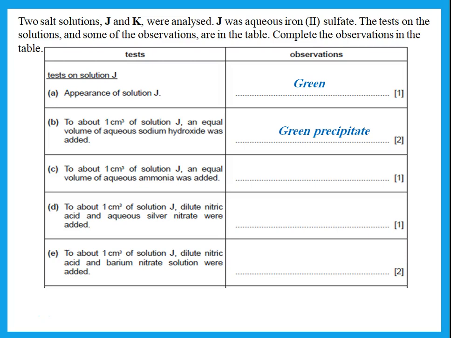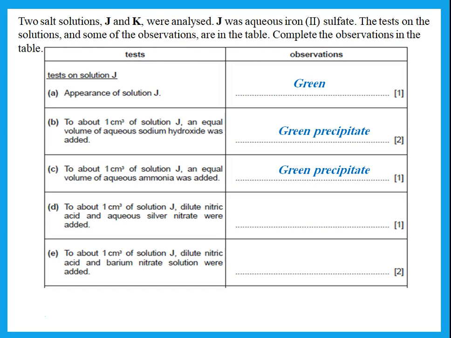To about 1 centimeter cubed of solution J, an equal volume of aqueous ammonia was added. If I add aqueous ammonia to something that has iron 2, green precipitate. To about 1 centimeter cubed of J, dilute nitric acid and silver nitrate. Now, again, silver nitrate is a test for what? It's a test for chloride, bromide, iodide. Do I have any of these? I have iron 2 sulfate.